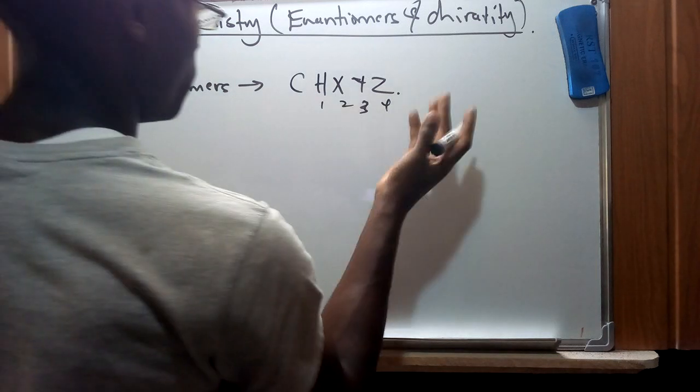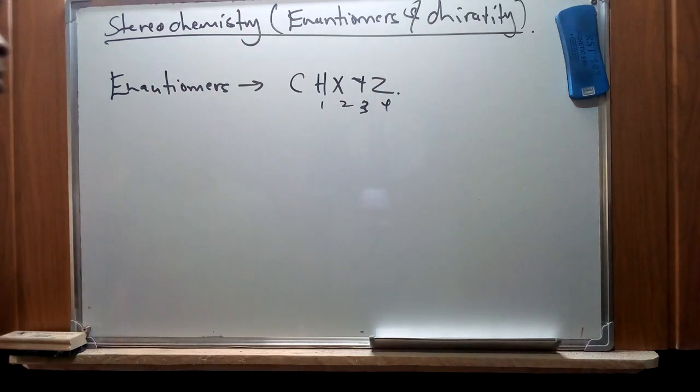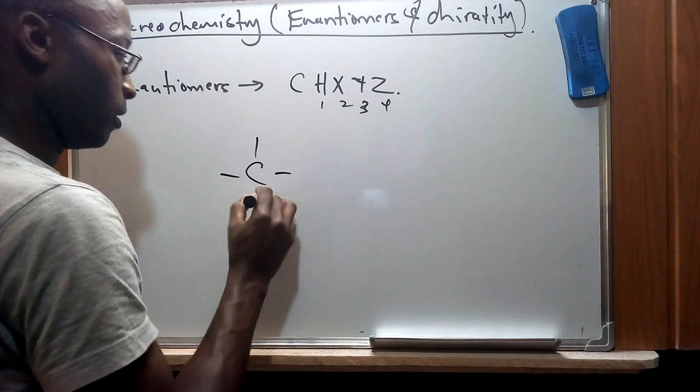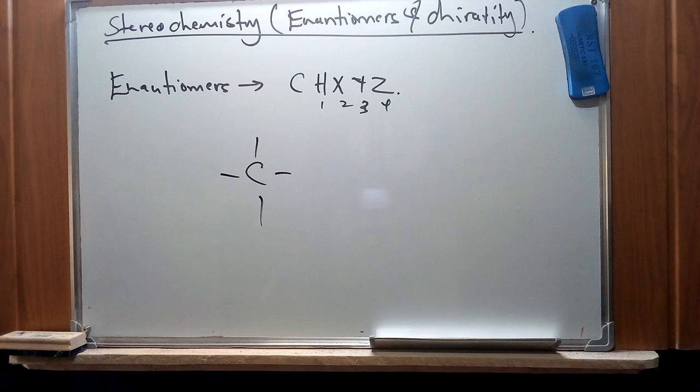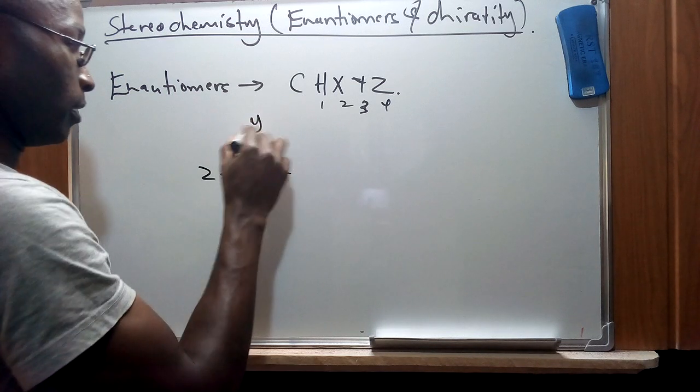Of course, we can represent this one in different ways, maybe X, Y, Z, W, etc. So in this case, if we have a molecule that results from the bonding of four different substituents on the carbon atom, then we're going to have a compound that we refer to as an enantiomer.